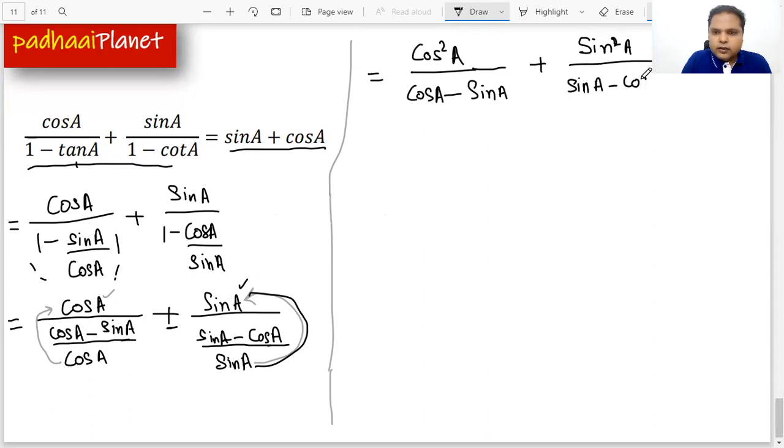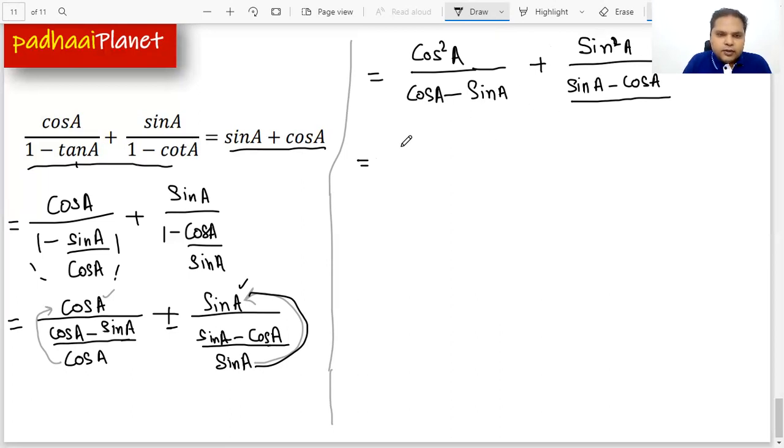Now the next step is that we have to make the denominator the same for these two fractions also. What we'll do is simply take minus common from this particular expression, and when we do that, this middle plus will become negative. Some of the students might find this particular step problematic. In case that is so, you can always put your questions into the comments box and I can help you out with that.